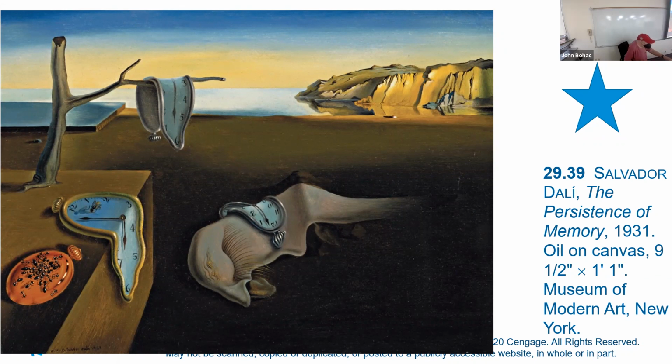So it's really kind of tiny. And if you ever get the opportunity to see it, that would be the first thing you notice. Because this thing has been blown up to gigantic proportions on posters and things. But it's a tiny little painting. And it is out of Salvador Dali's dreams.